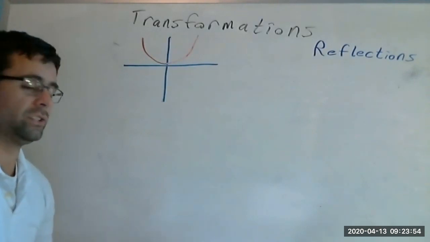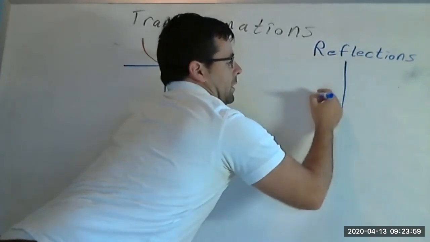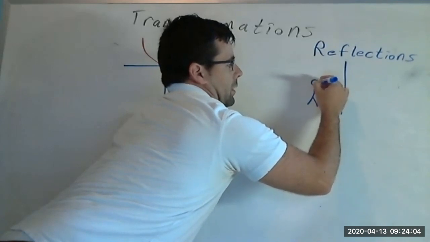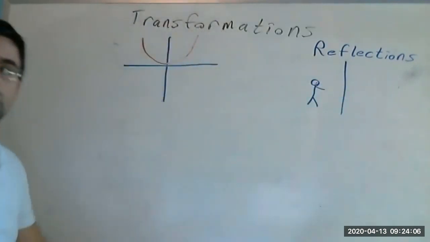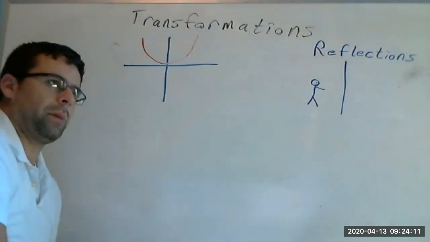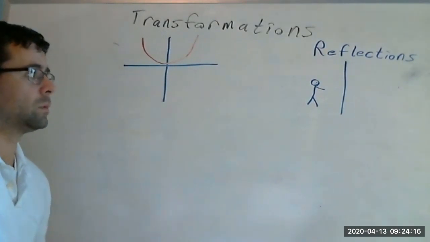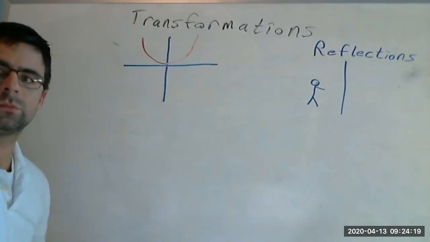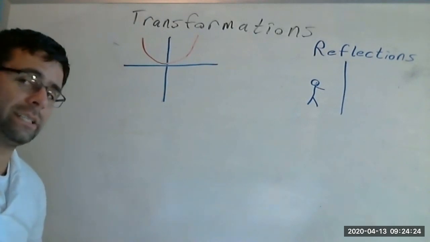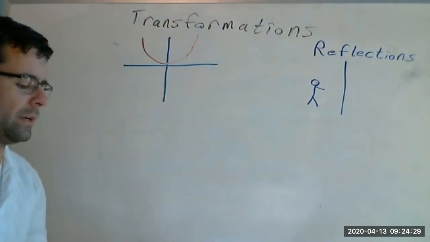Just like if you're looking at a mirror, your bodily proportions and everything are maintained, but something does get flipped around. Usually people look at it as their handedness. If you hold out your right hand, then your reflection is holding out their left hand.